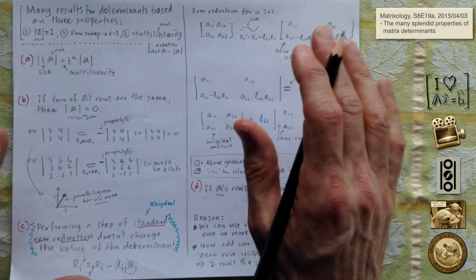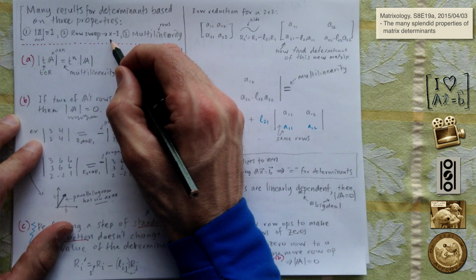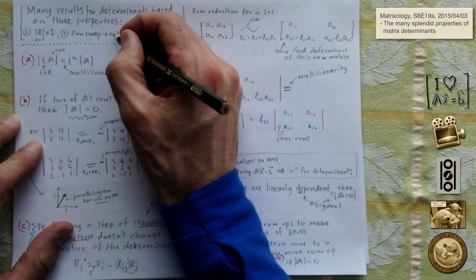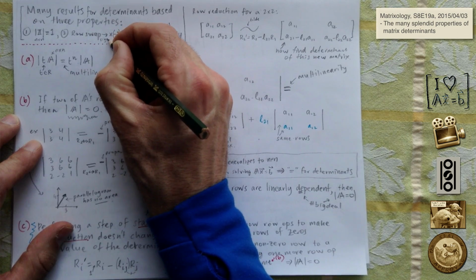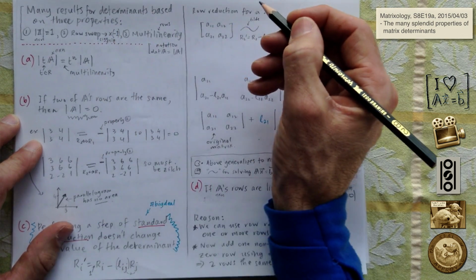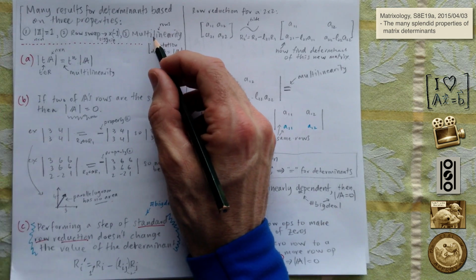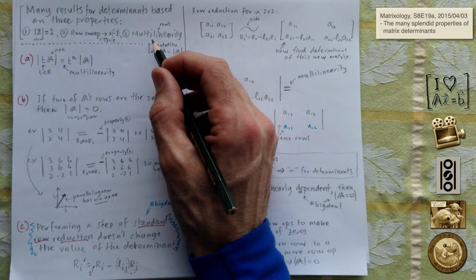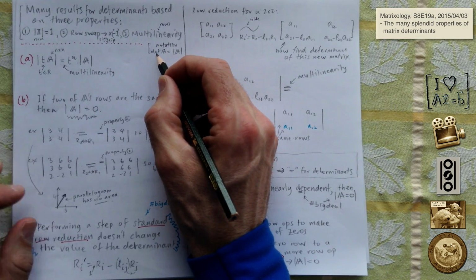It took some time to just do it in the right way, and I didn't want to make a mess writing it out. So row swap, that's a multiply by minus 1, a sign flip, and multilinearity. Multilinearity means it's row by row, right? It's linear in each individual row, which is an odd property.